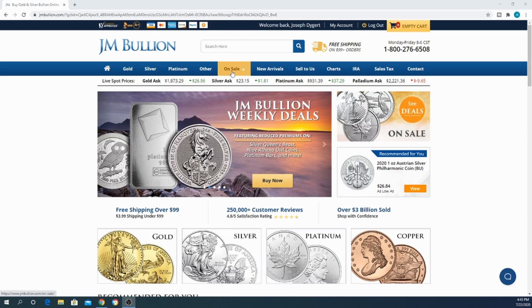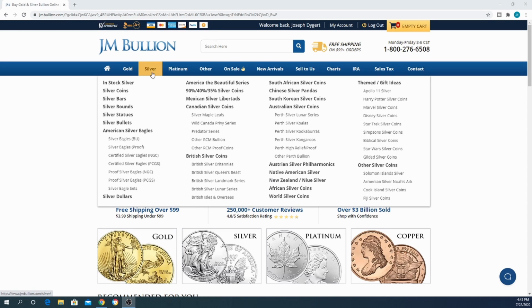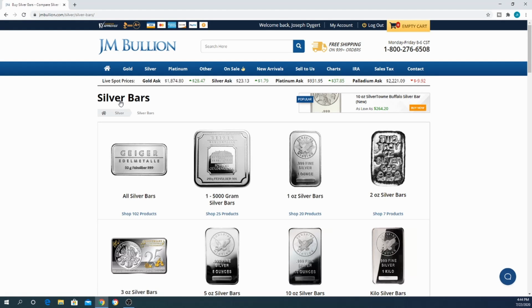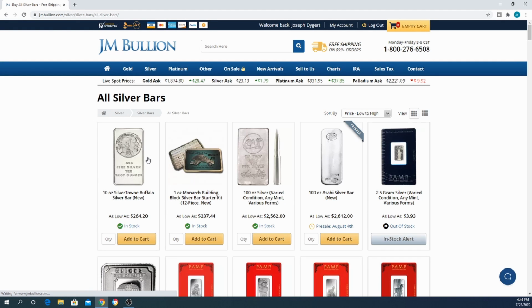It's always good to check out what's on sale, but we're going to go straight to silver. We're going to go to silver bars. We're going to go to all silver bars. We're going to select this 10 ounce Silvertown Buffalo silver bar.